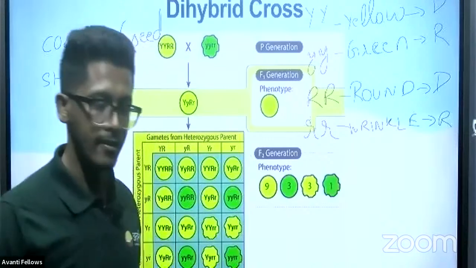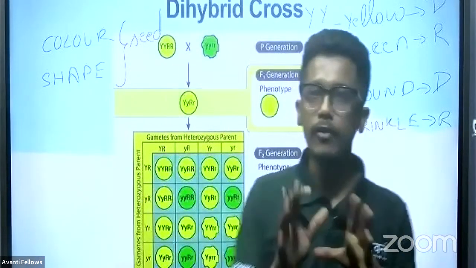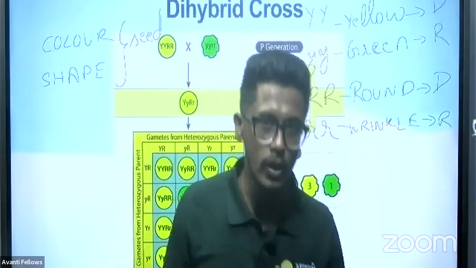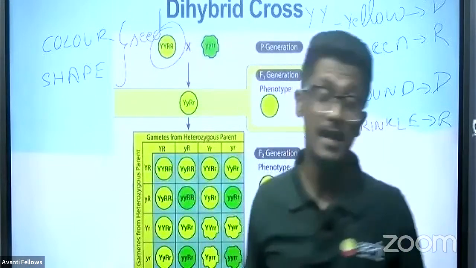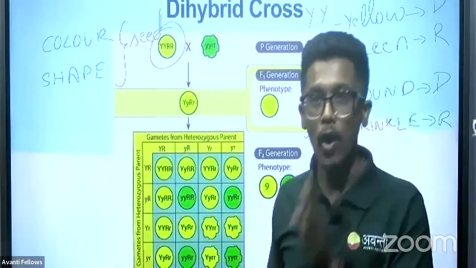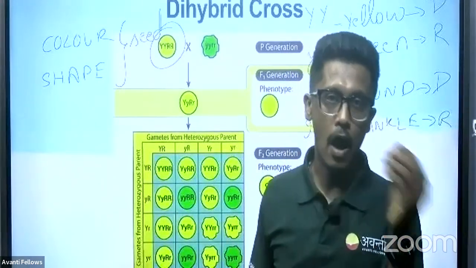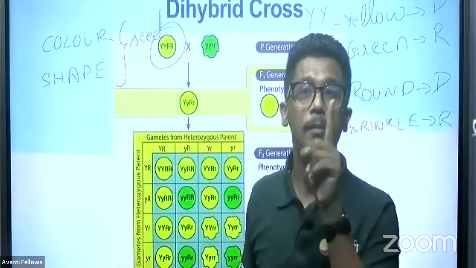Now understand this point. Whenever we take a dihybrid cross, we have to address both characteristics together. So if I talk about a round yellow homozygous seed, round is a shape, yellow is a color. Homozygous means they should have similar alleles.